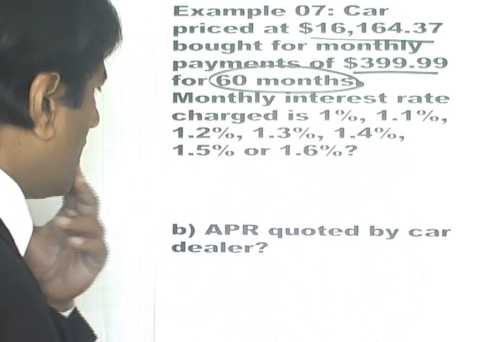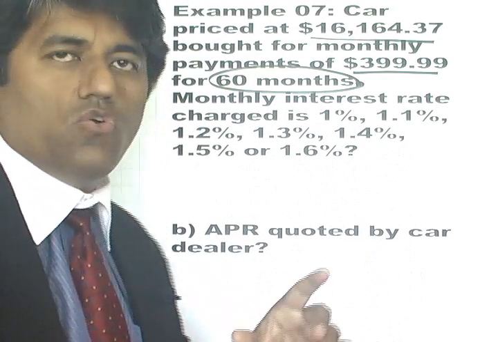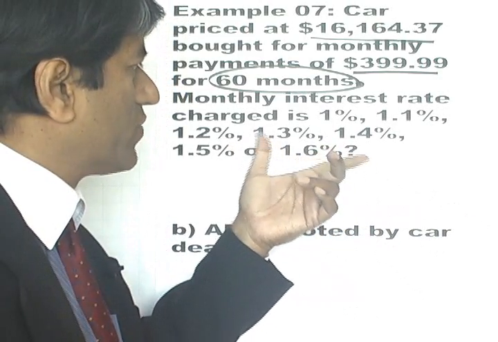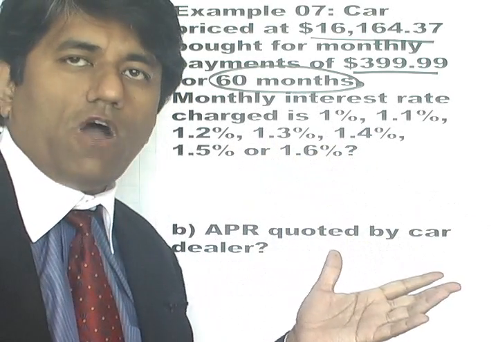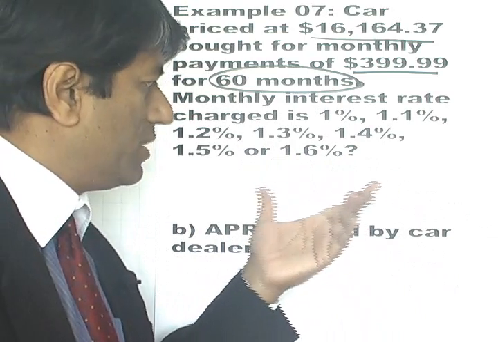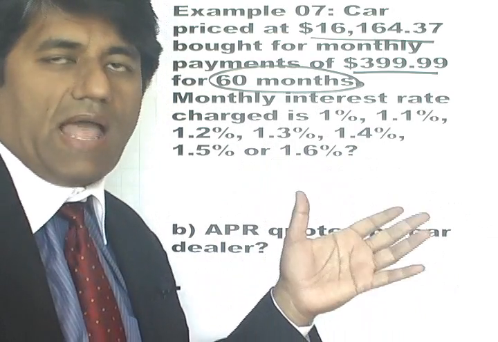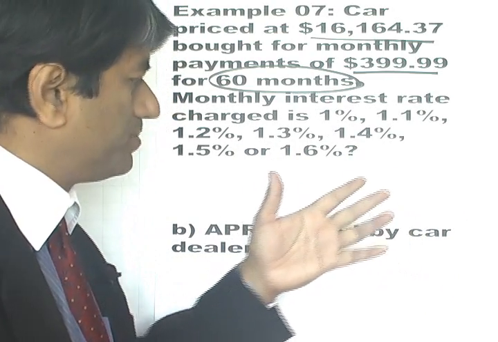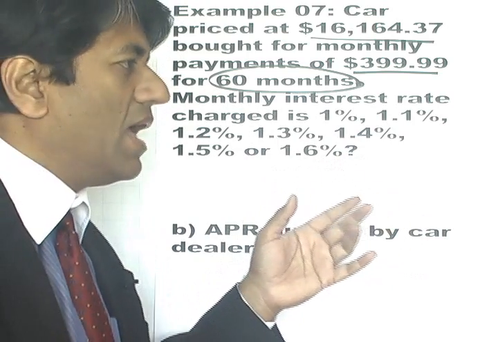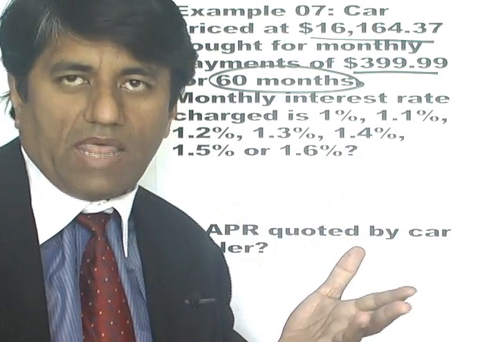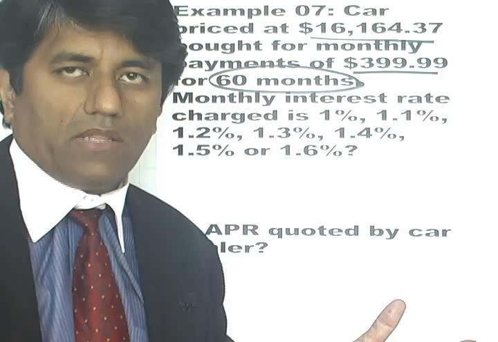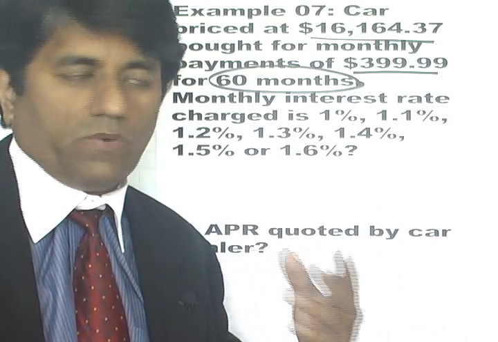And here you actually have to plug in the different interest rates into the formula to find the answer, because you can't algebraically solve for it. And of course, if you have your financial calculator, you just use the financial calculator, and it'll do all that work for you.